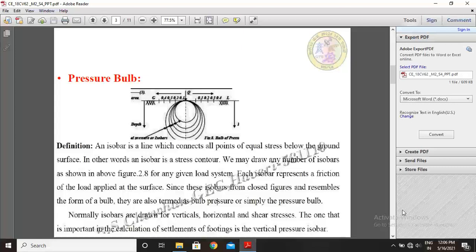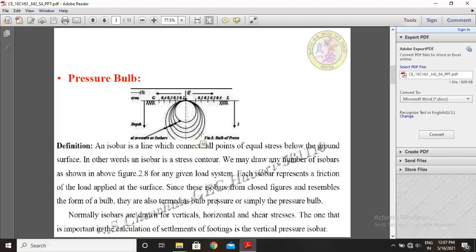An isobar diagram consisting of a system of isobars appears somewhat as shown in the figure above. The procedure for plotting an isobar is: let it be required to plot an isobar for which sigma z equals 0.1 times q per unit area, that is the 10% isobar.